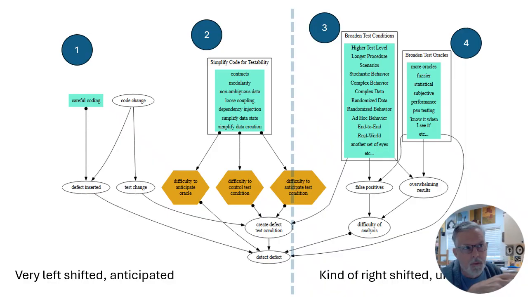But the rejection of the other testing techniques is ignoring how powerfully impacting the difficulty to anticipate both oracles and test conditions is on the ability to detect the defects in your application.